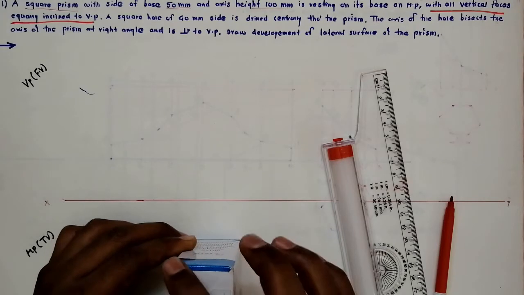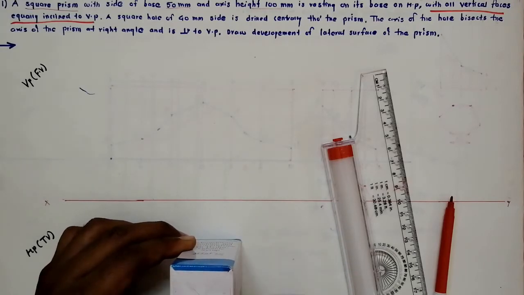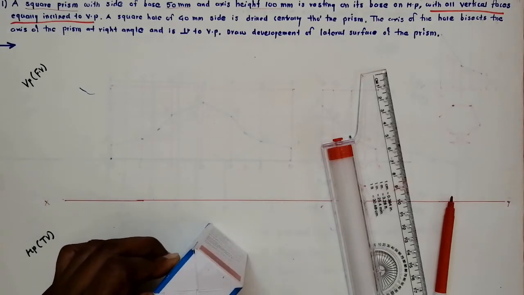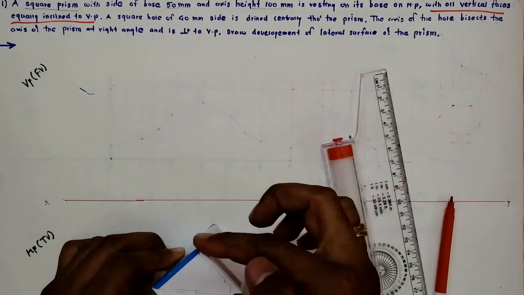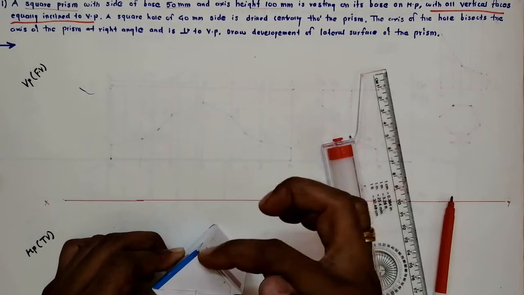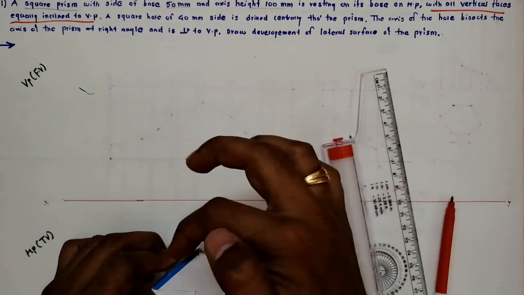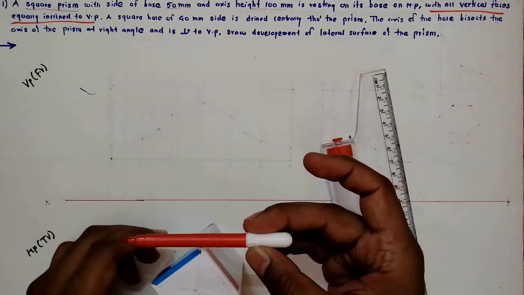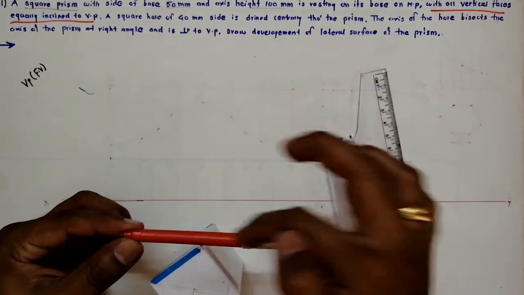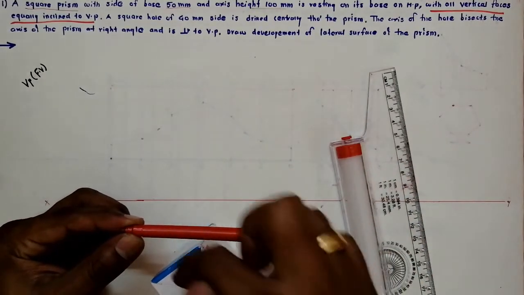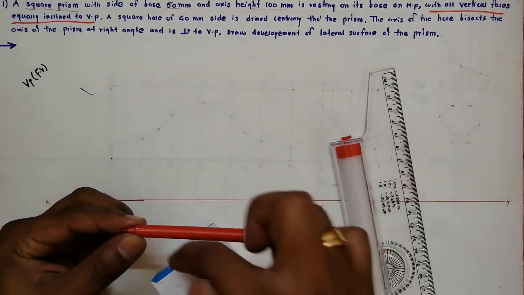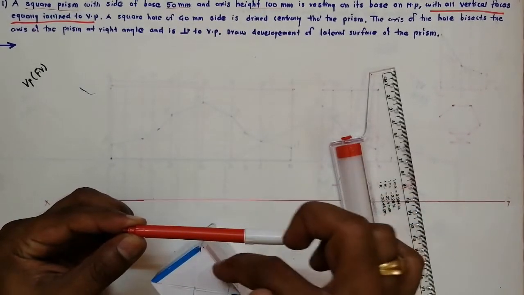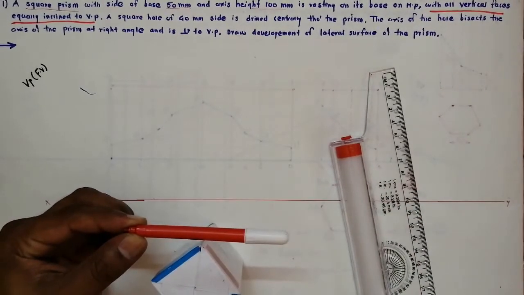So that means this condition is resting on edge. If we keep it resting on the corner, then in that case it is equally inclined to VP, because this angle is 45 degree and this angle is 45 with respect to the horizontal. So if we keep the horizontal line here, then this rectangular face and this rectangular face are equally inclined to VP, 45 degree angle here.